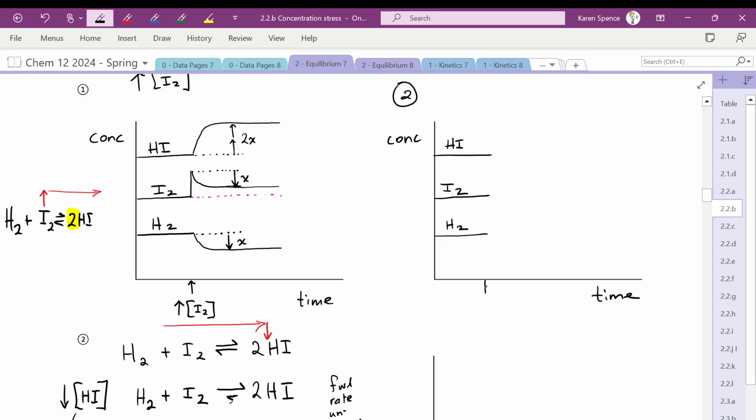And at the time here, we're going to decrease the concentration of HI. So HI will go down. Then it will go down more. I'm shifting to the right.